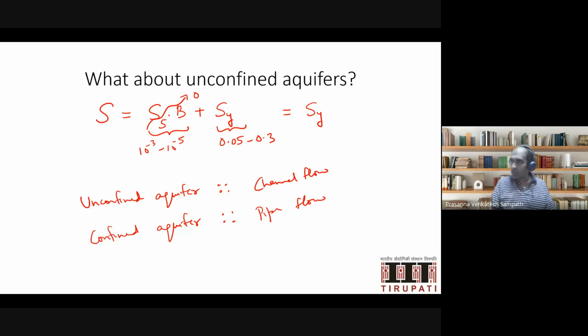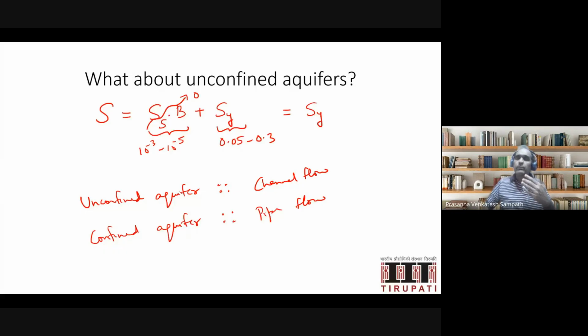Most of the water will drain out of the pipe, and then you will not get any water at the other end. But if I have a channel and there's a leak in the channel at one point, right, nothing happens. That leak takes out a little bit of water, but the majority of water just keeps moving along in the channel, right? So the unconfined aquifer is like that, right?